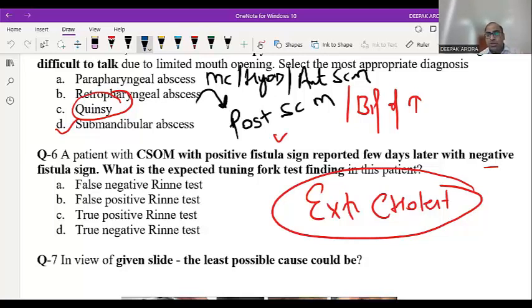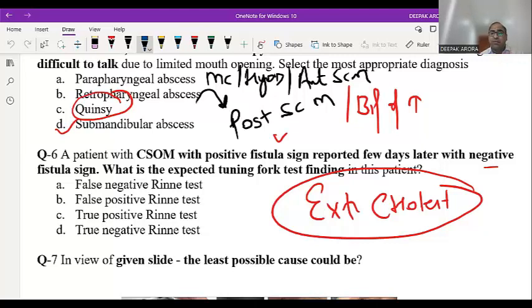Now, the patient has a unilateral condition. In the last stage of cholesteatoma, there is a high probability that unilateral severe deafness can be found, because this patient has complicated cholesteatoma, complicated CSOM, and the diagnosis goes in favor of severe deafness.